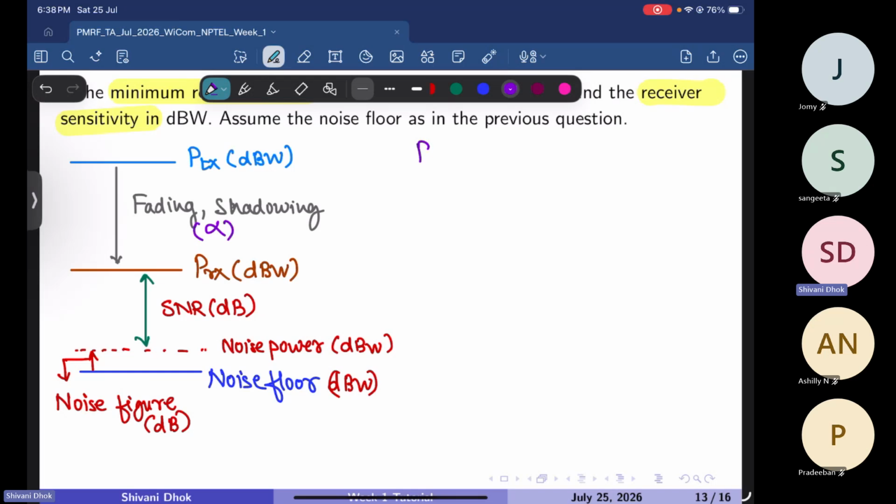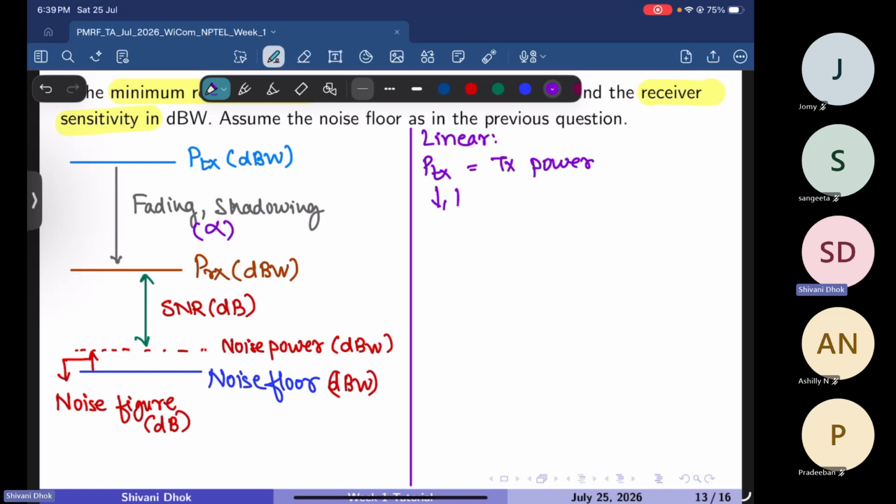So what happens is, when you're transmitting, okay, first I'll give what happens in linear scale. This part might become confusing when you go from linear to dB. Okay, so linear scale, when you are transmitting, PTX is your transmit power.